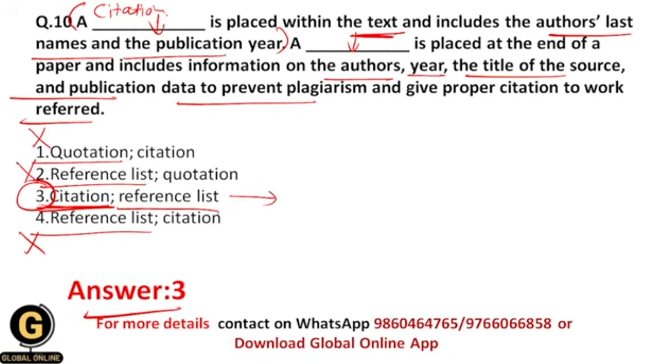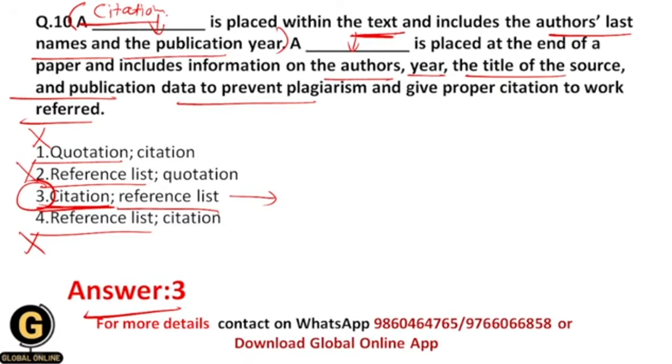Over here your first word will be citation and your second word will be reference list, because a citation is referred to as a reference which is placed within the text and includes the author's last names and the publication year only. But a reference list includes all the references that we refer to, and it is placed at the end of a paper.